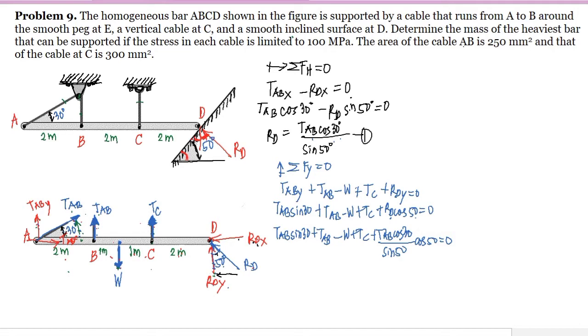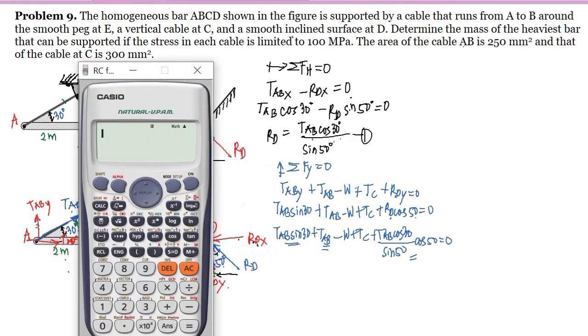Now, let us combine all the terms with TAB. For the first term, it's sine of 30. Second term, we have 1. And the last term on the left side of the equation is cosine 30 multiplied by cosine 50 over sine of 50.